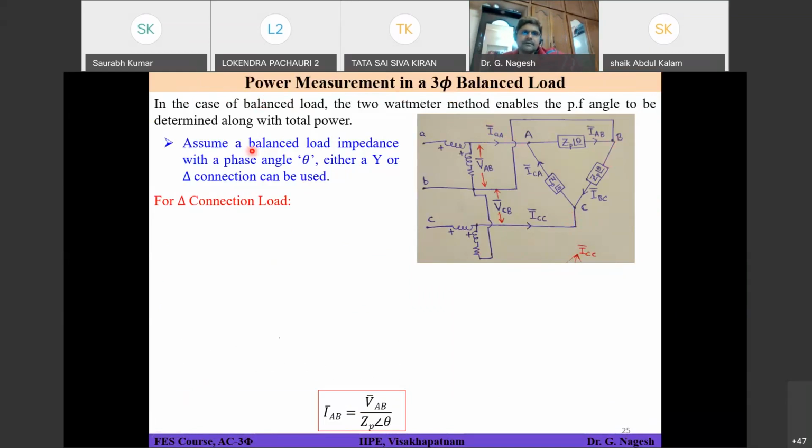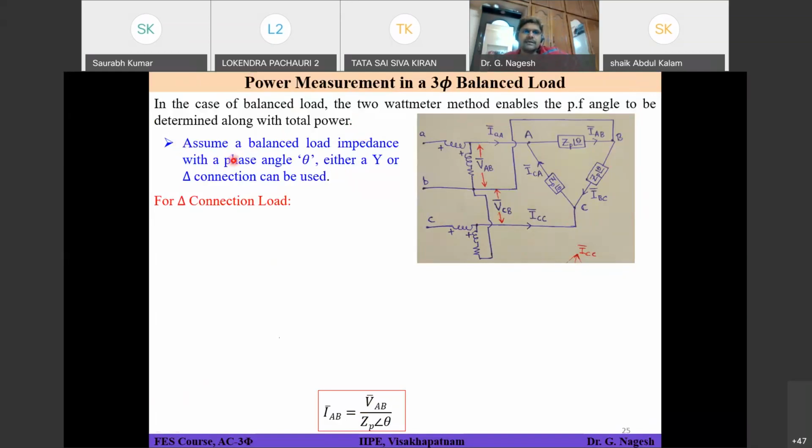In the case of a balanced load, the 2 wattmeter method enables the power factor angle to be determined along with the total power. That means if your load is balanced, along with the power measurement, you can also measure the power factor of the load simply with the readings of the 2 wattmeters. We'll see how it is possible.